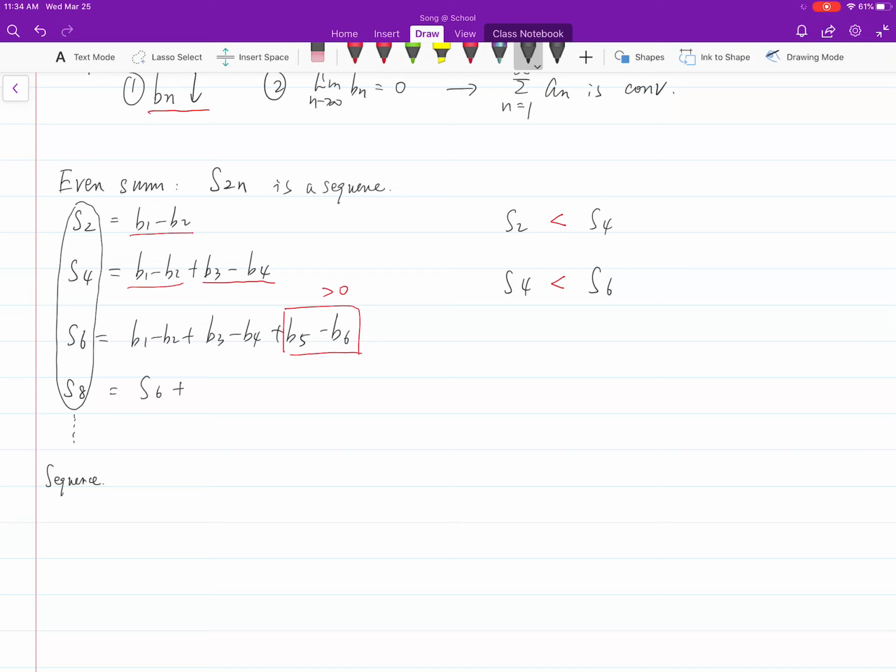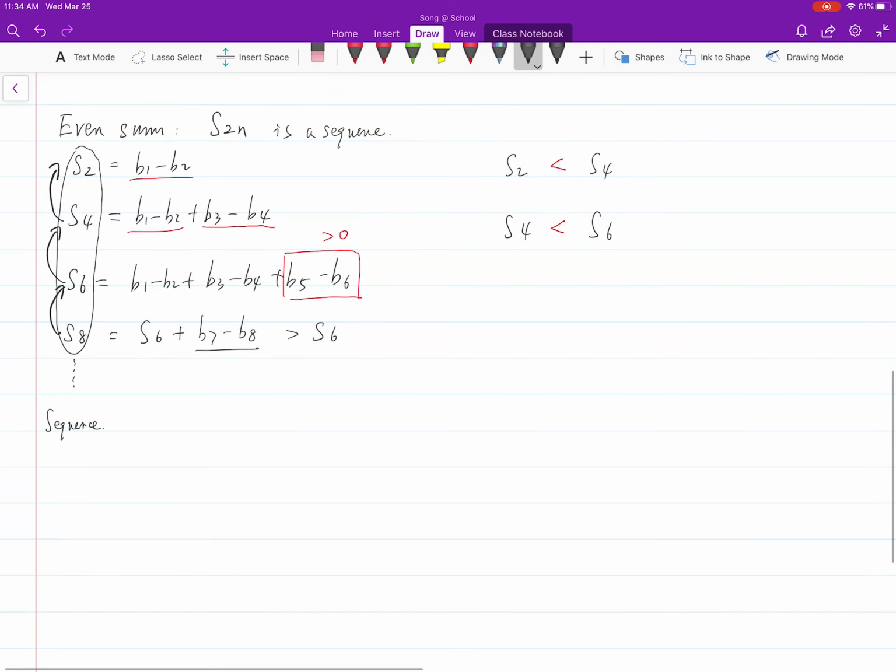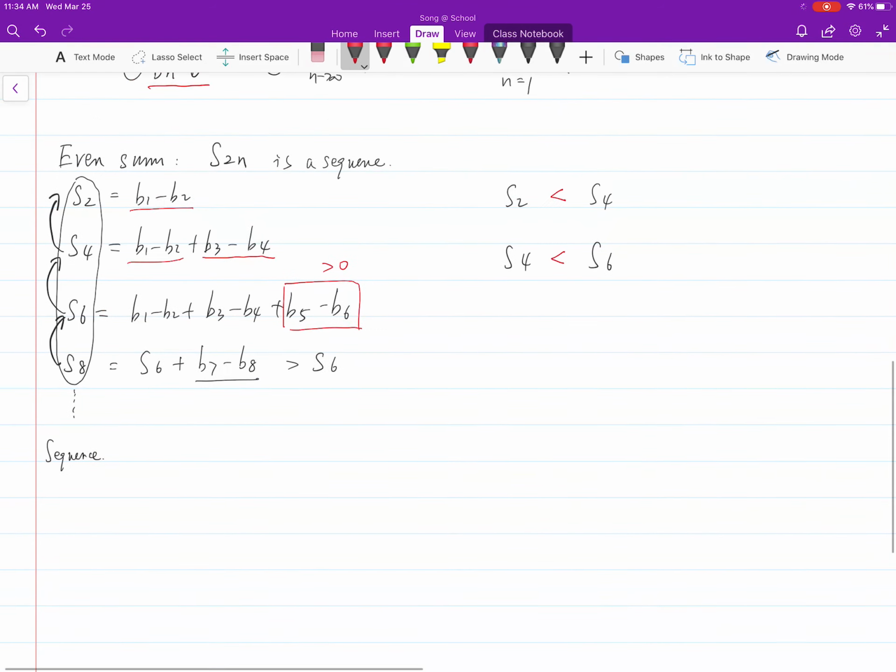It's S6 plus two more terms, and this is positive. Therefore, it's bigger than S6. So S4 is bigger than S2, S6 is bigger than S4, S8 is bigger than S6. We can use the same analogy to show S10, S12 just keep getting bigger. It's this sequence here. I'm going to write it down. It's increasing.